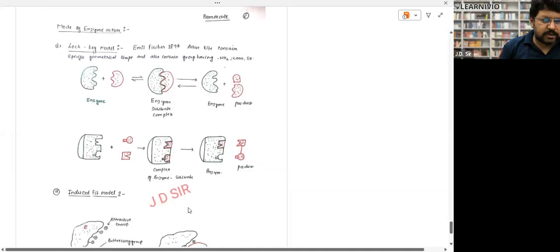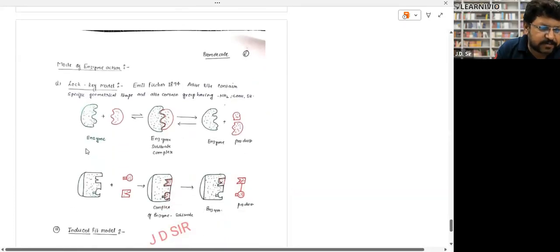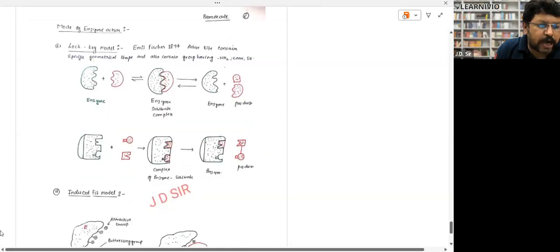Last but not the least, how does enzyme work? You have to remember this first one. This is called the lock and key model. Like every lock has its own specific key, in the same way, every substrate for digestion has a particular enzyme. So enzyme is the key, and the substrate is the lock. This model was represented by Emil Fischer.